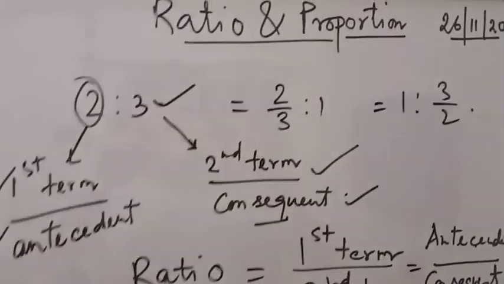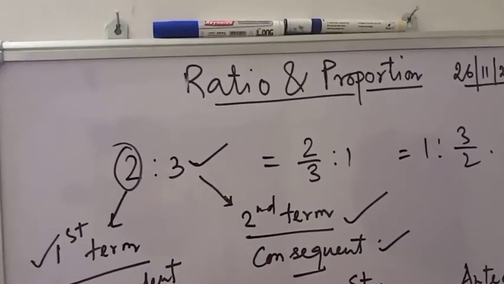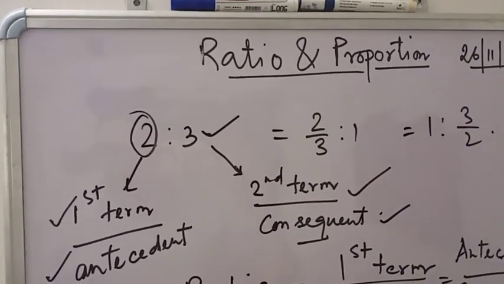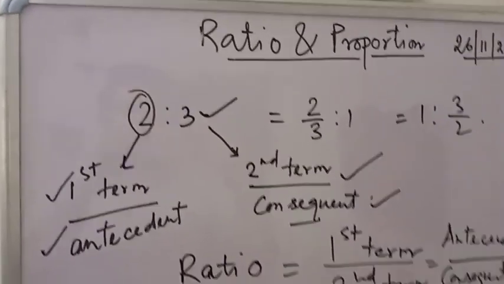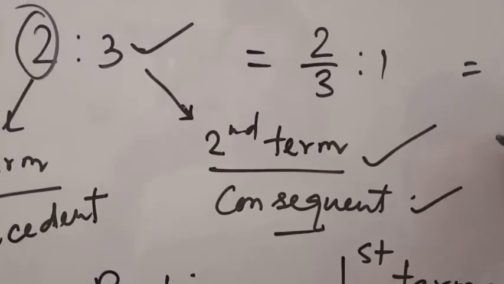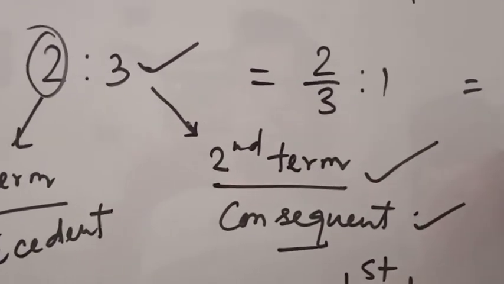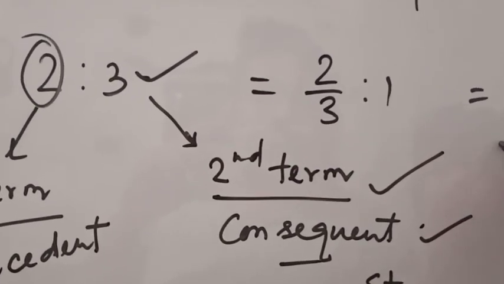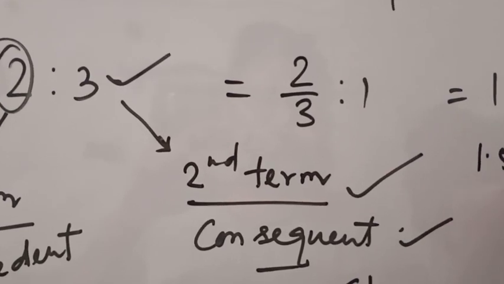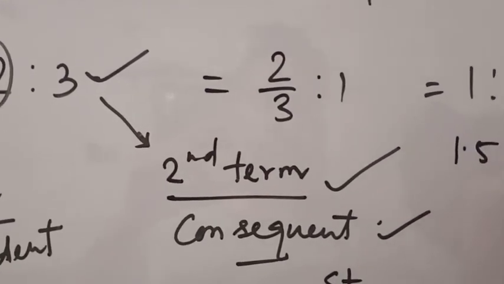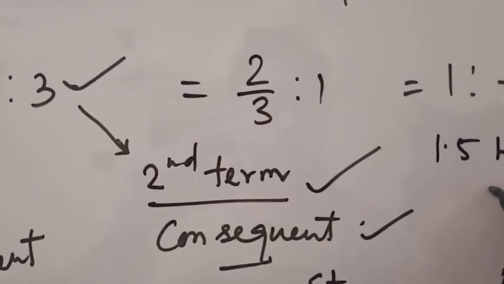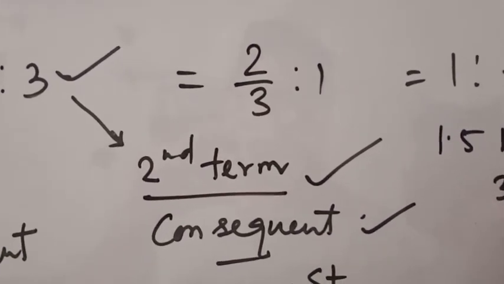Now next, while finding the ratio of like quantities, make sure that the unit of measurement is the same. We already previously discussed that. When two units are there, suppose one is given as 1.5 hour and 3 minutes.